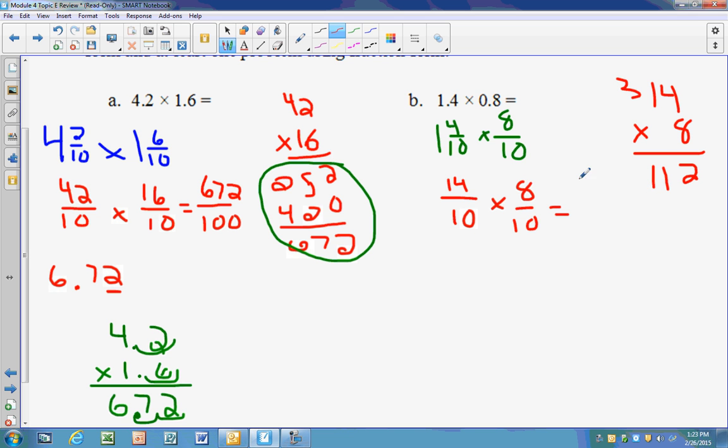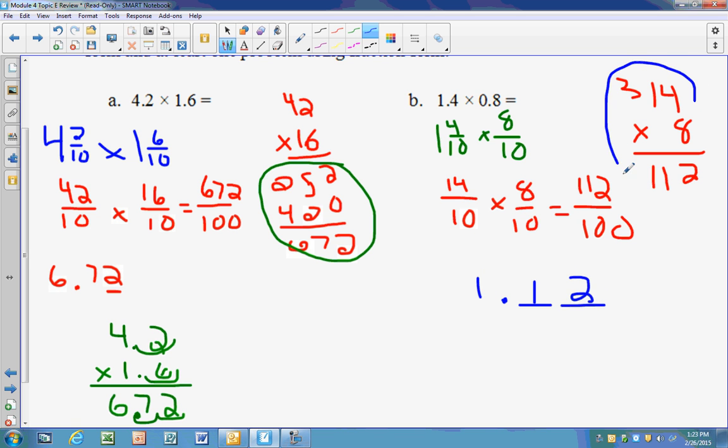And I end up with 112 hundredths. I can rewrite that as a decimal. We know this is the hundredths place right here, so it has to end there. So there's my answer. Or I can use my work from before and make sure the decimals were in there and see that I do 1, 2 jumps. So it's 1, 2 jumps, and it would be right there.